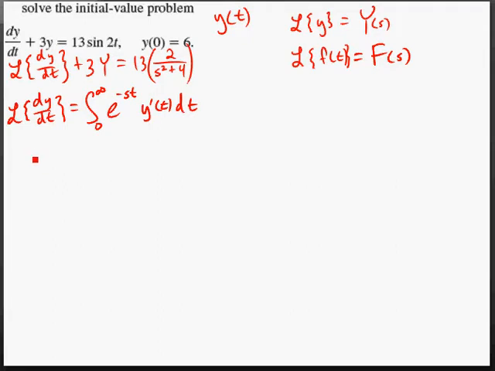How would you solve this? Hopefully you would think of using integration by parts, where u is going to be equal to e to the minus st, and u prime is equal to minus s e to the minus st, and v prime is going to be equal to y prime of t, and if that's the case, then v is going to be equal to y of t.